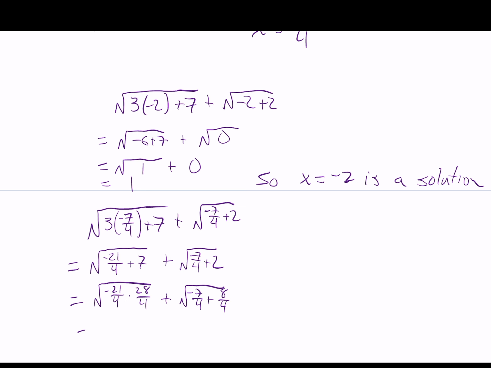Okay, so that gives us the square root of negative 21 plus 28, which is positive 7 over 4, plus the square root of 1 over 4.